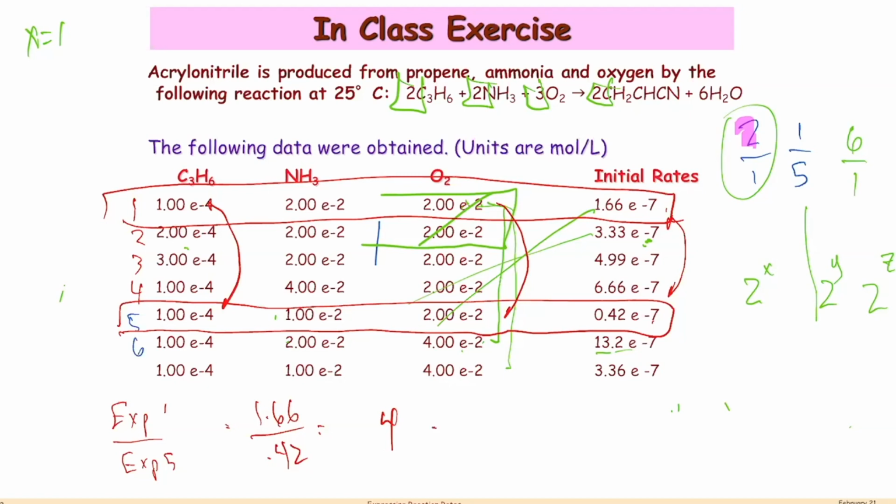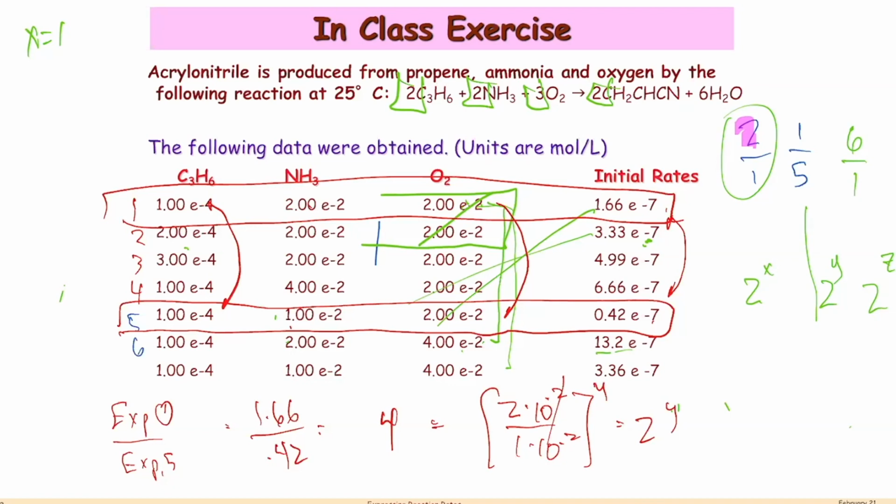So 4 is equal to, again, we're looking at experiment 1 over 5. So that's equal to 2 times 10 to the minus 2 over 1 times 10 to the minus 2. 10 to the minus 2 just cancels. That's just equal to 2 to the y.